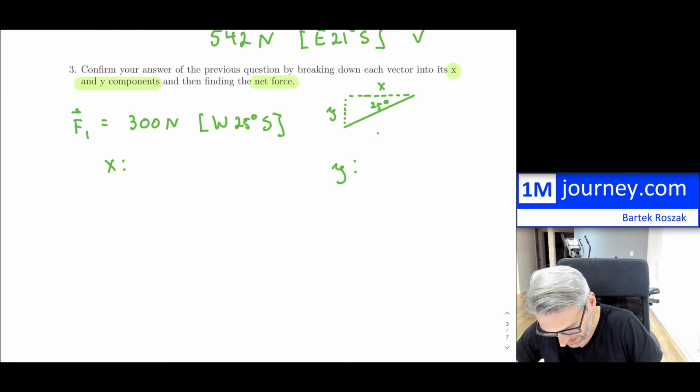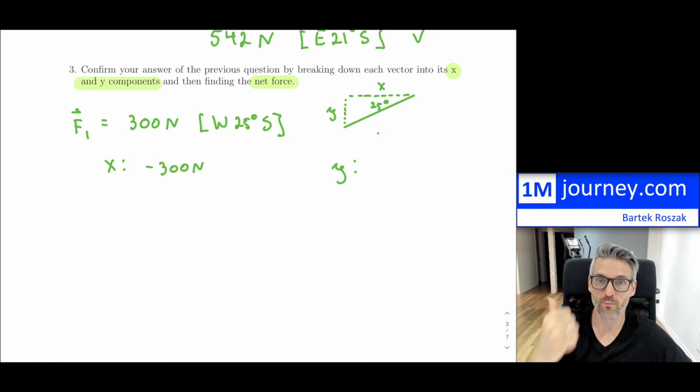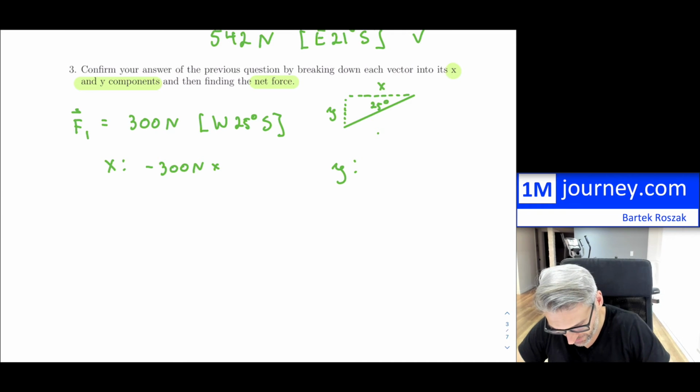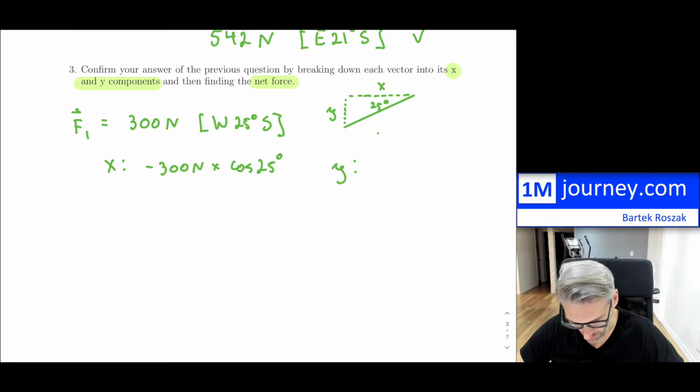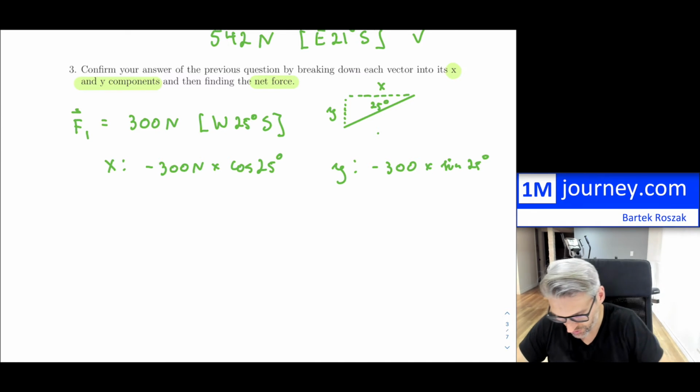Now X is going to be negative, notice, because it's to the left. So that's negative 300 times cos of 25 degrees. Your Y component is down, so that's also negative, except this is going to be sine of 25 degrees. Okay, so that's your first one.